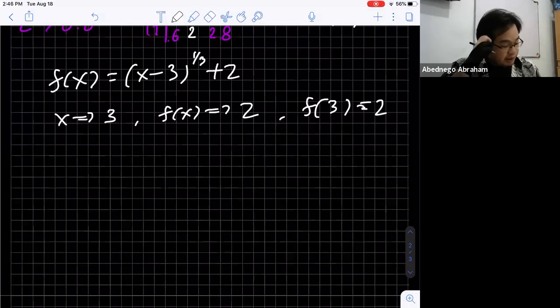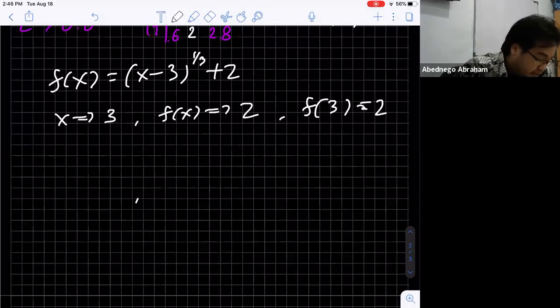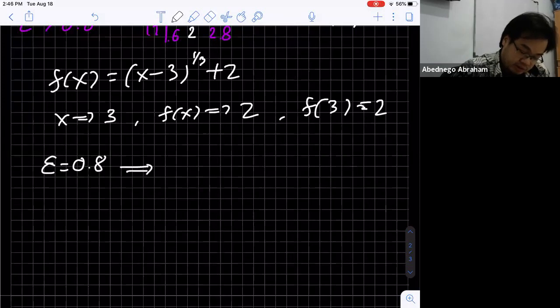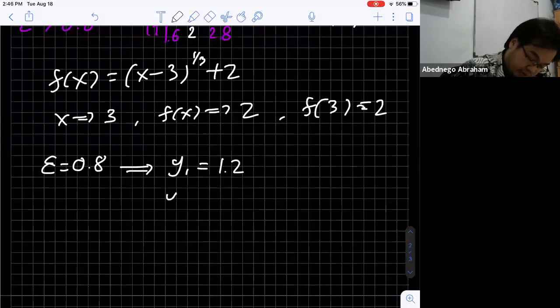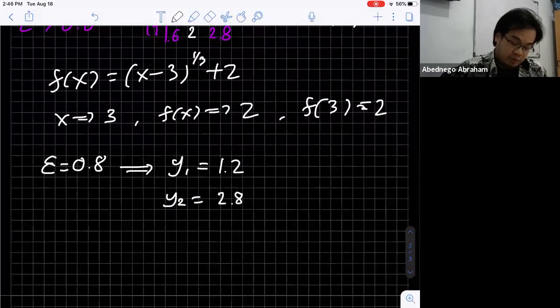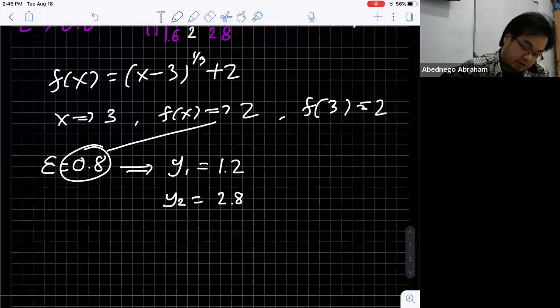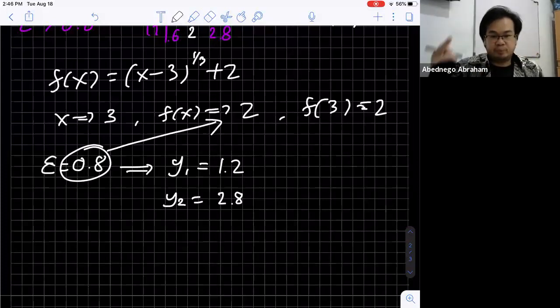So I'll skip the graphically part. I will show you how to do it algebraically, okay? Now to do it algebraically, again, it's like the previous example. The epsilon is equal to 0.8. It means that the y1 is equal to 1.2 and the y2 is equal to 2.8, which is a distance of 0.8 going down from 2 and 0.8 going up from 2.